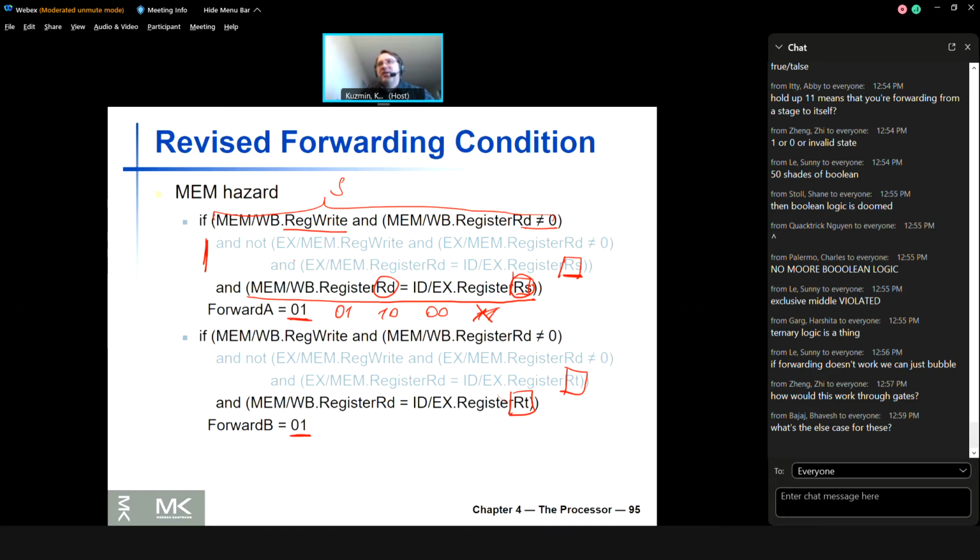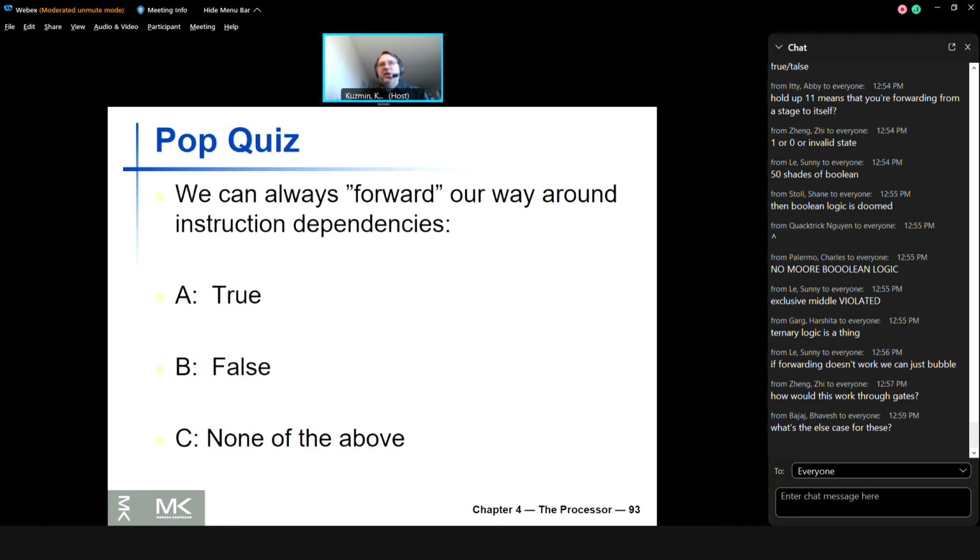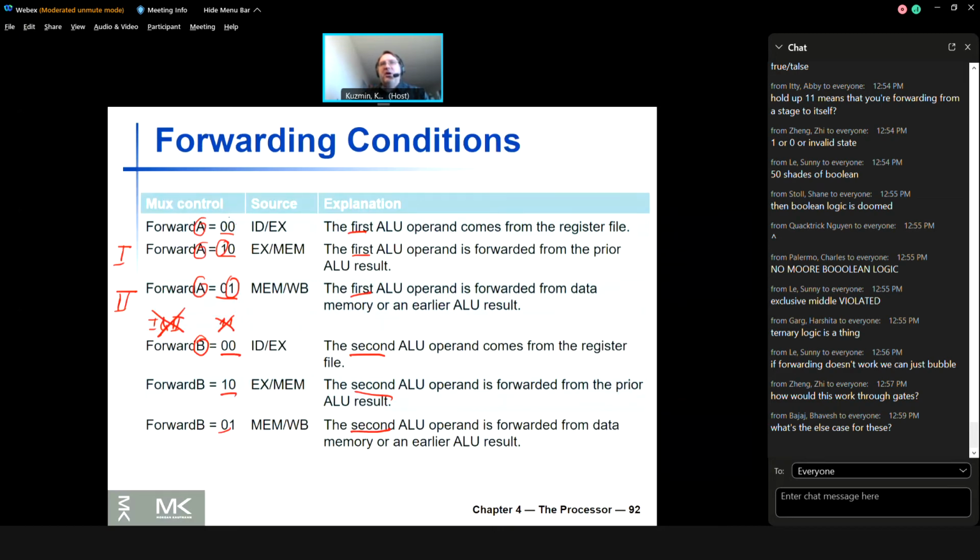What's the else case for this? If this is forward A being 0, 1, the other cases would be forward A 1, 0 and 0, 0. Is that making sense? We discussed them here, so here are all the cases: 0, 0, no forwarding; 1, 0 from EX/MEM stage; 0, 1 from MEM/WB stage.